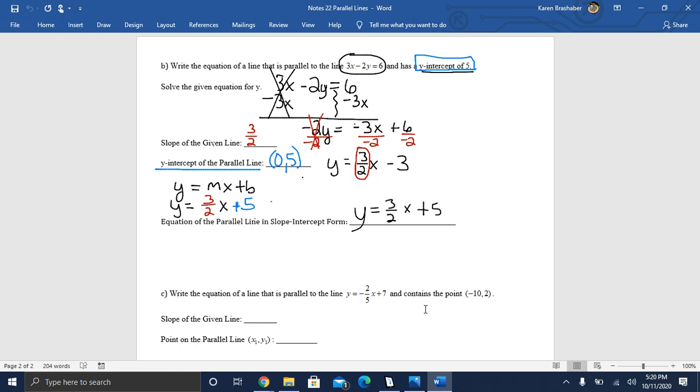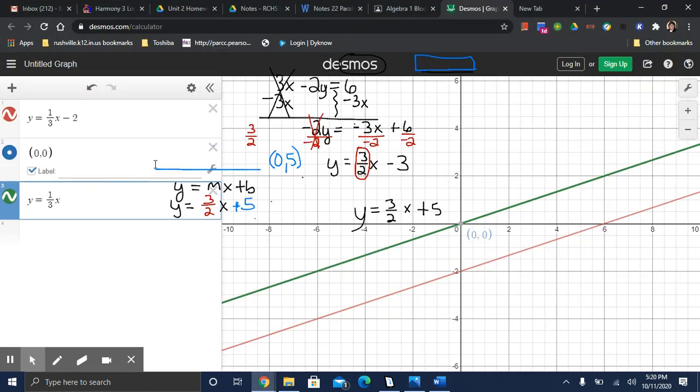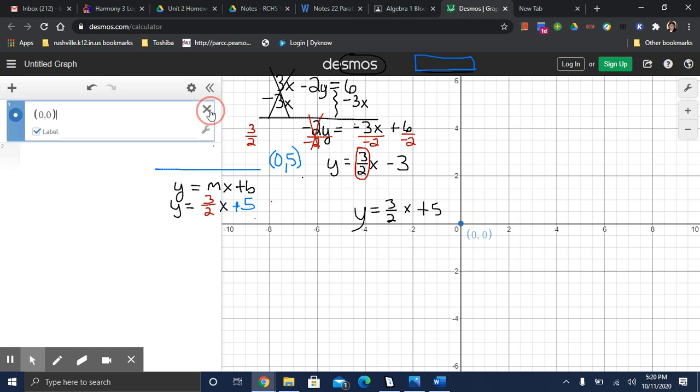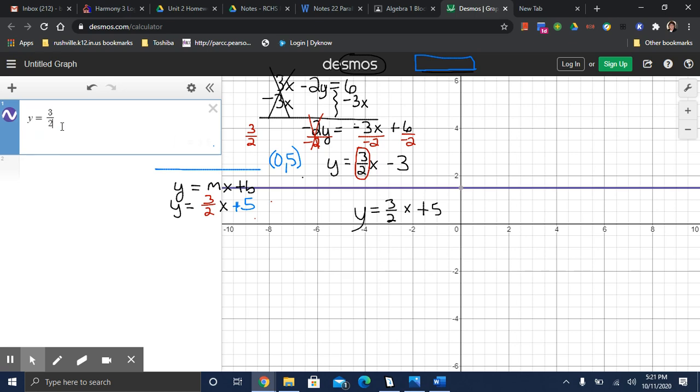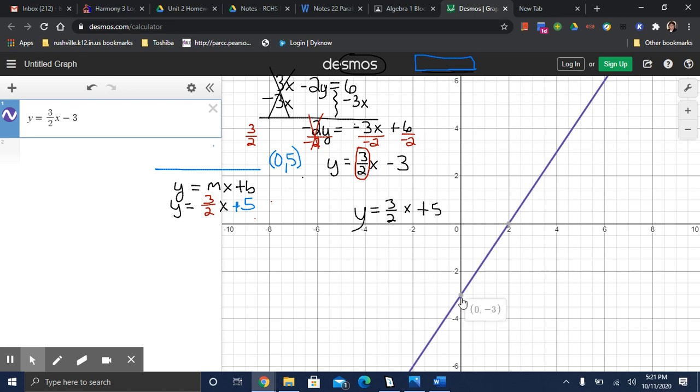I'm just going to take a second and graph those two lines just to illustrate for you once again what we have found. So clearing out the lines that I have already, I have y equals 3/2 x minus 3. This was my original line. This was the one that was given to me.